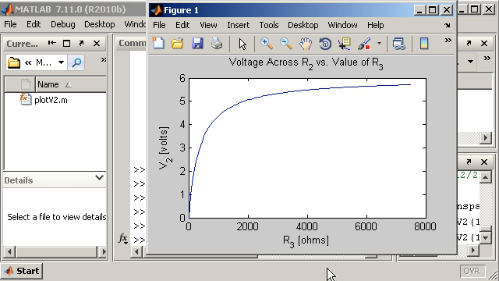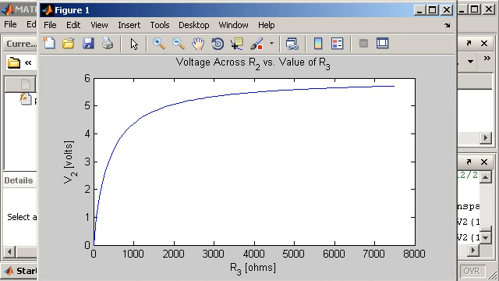Zoom it down so you can see it. And I'll resize it so you can see it. Voltage across R2 versus value of R3. That looks good. V sub 2 in volts versus R sub 3 in ohms.